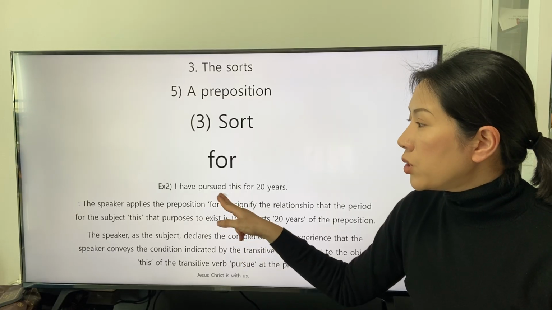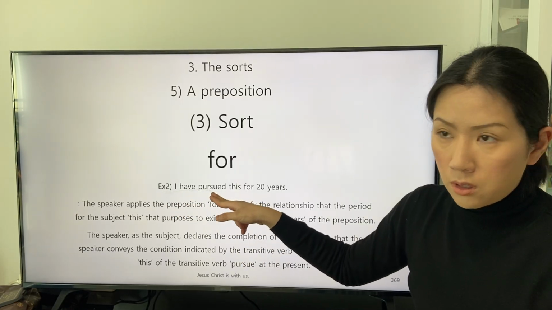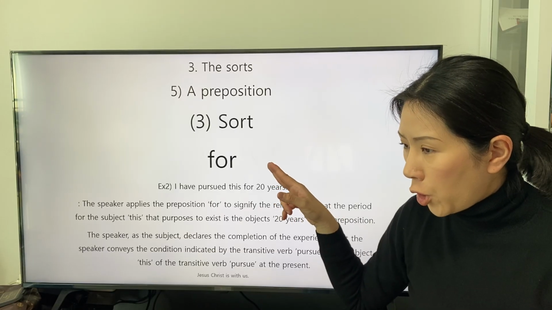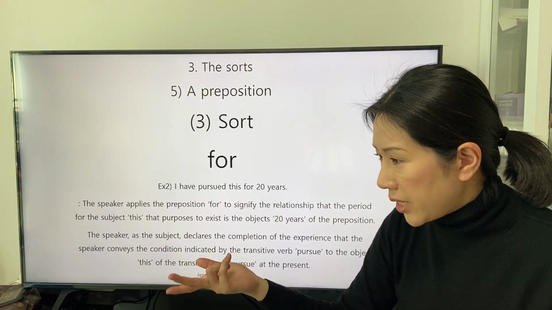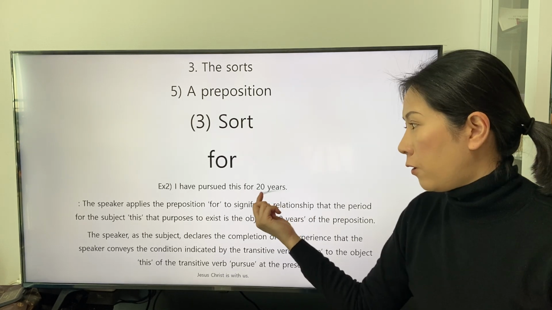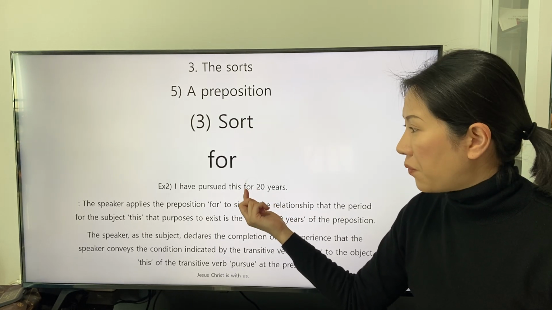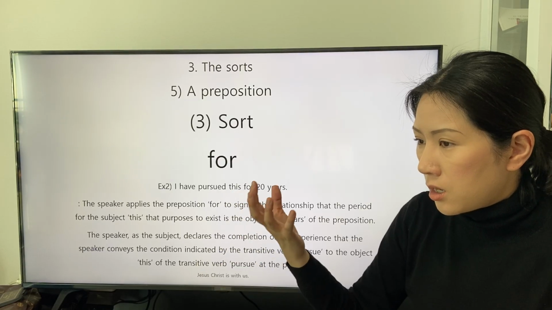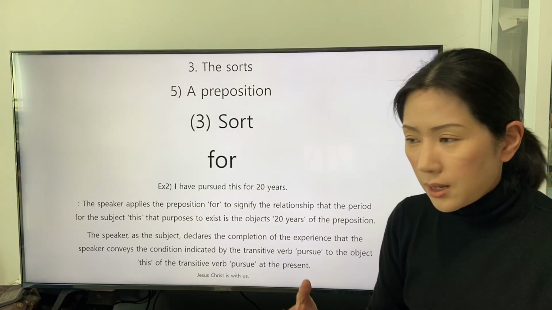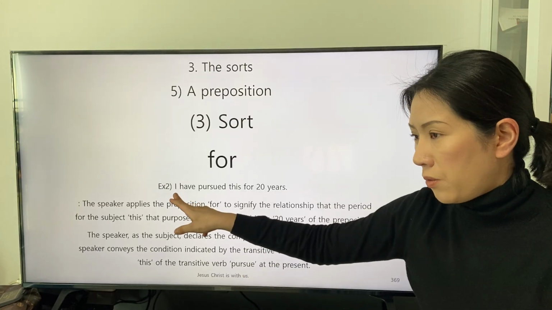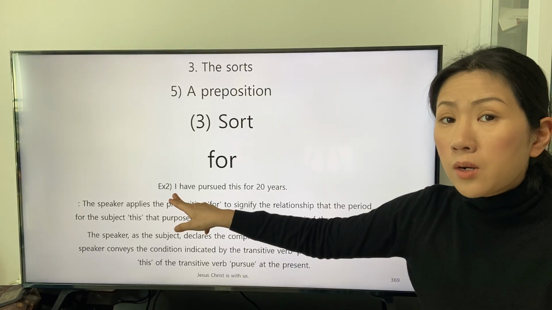And according to the formation of the clause, we can understand that the proposed period indicated by the object of the preposition for is the same as the period when the experience of the speaker lasts.